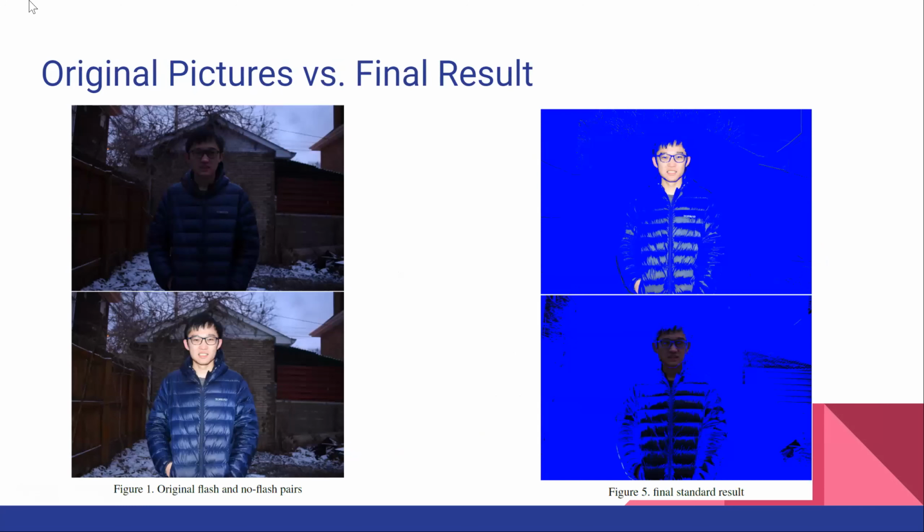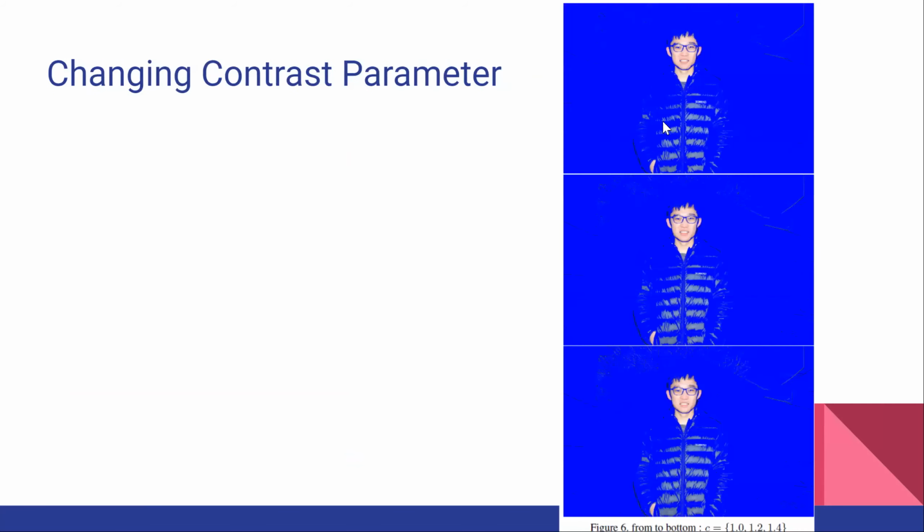So this is our original pictures, and the final result. You can see the result is pretty decent, except maybe in the non-flash part there is some background that is misclassified as foreground, but it's fine. And here is how we change some parameters and how the result changes.